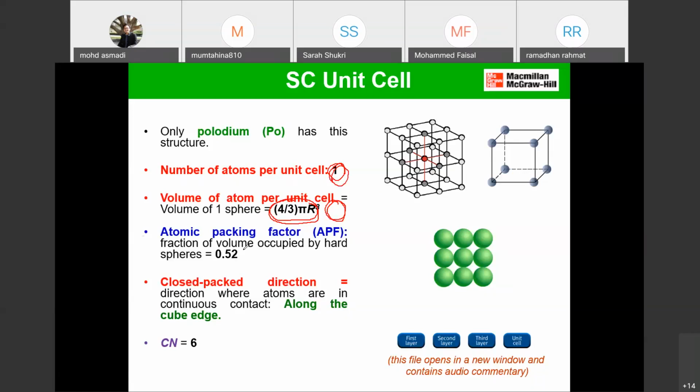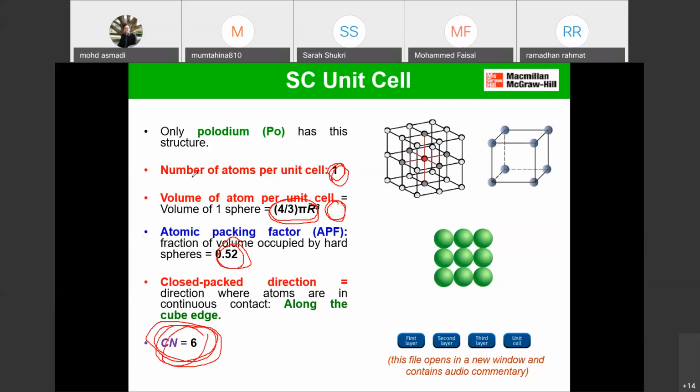The atomic packing factor is equal to 0.52, or 52% is packed with atoms, and the rest is voids. The close pack direction is the direction where atoms are in continuous contact along the cube edge.